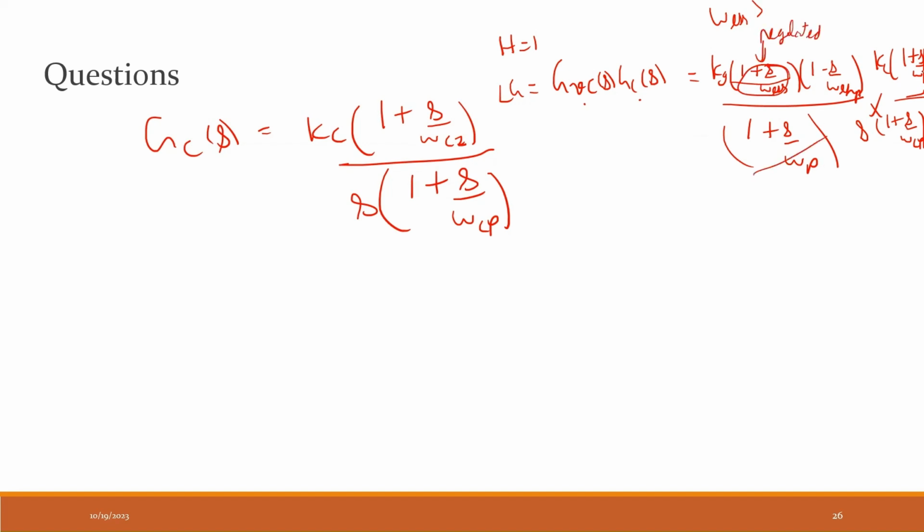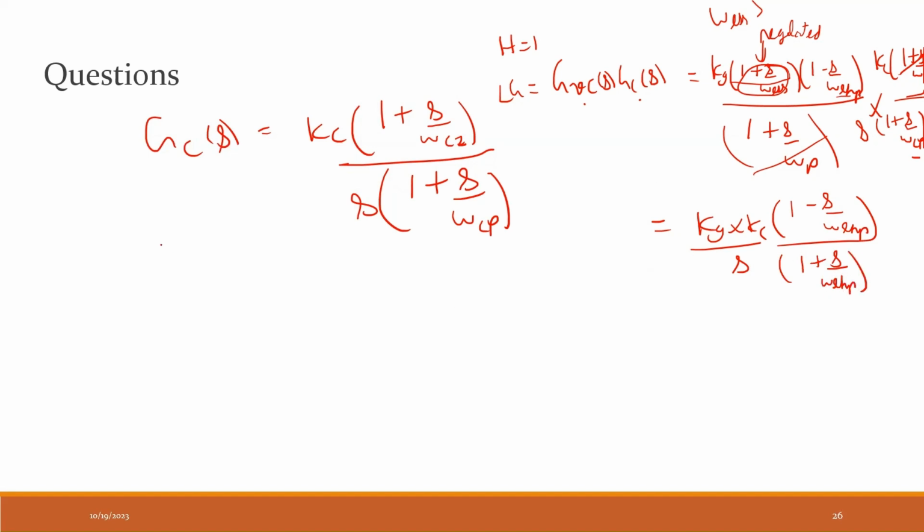Then we cancel this pole with this zero, and we place omega controller pole at omega RHP, in coincidence with the RHP pole. So it becomes Kg into Kc upon S into (1 minus S upon omega RHP) upon (1 plus S upon omega RHP).